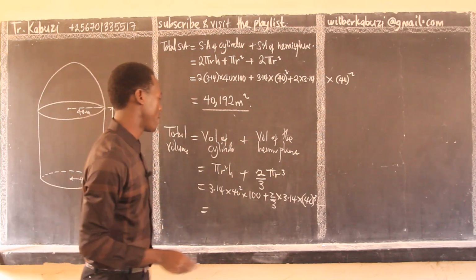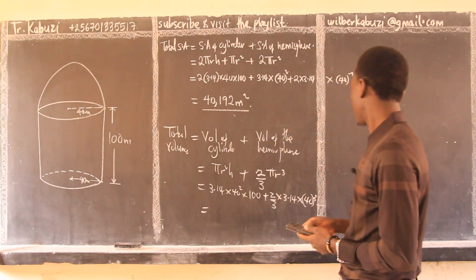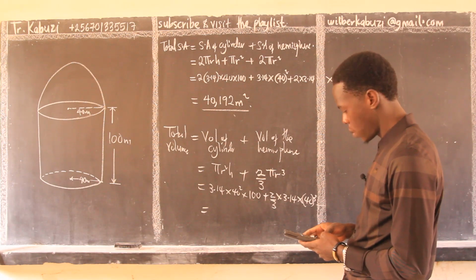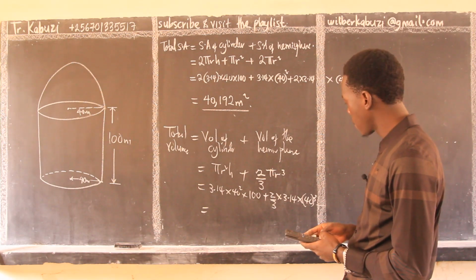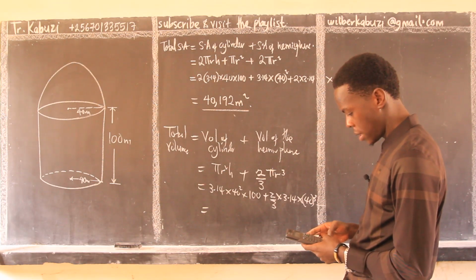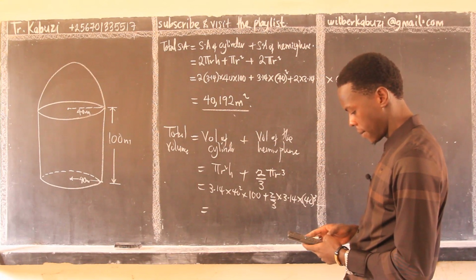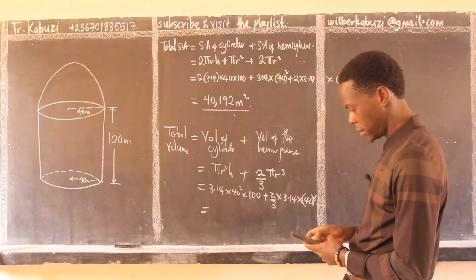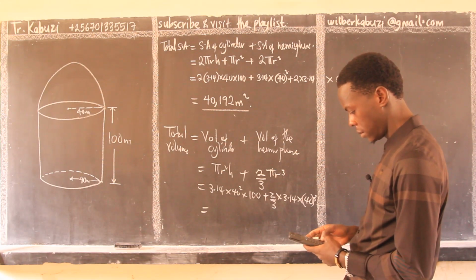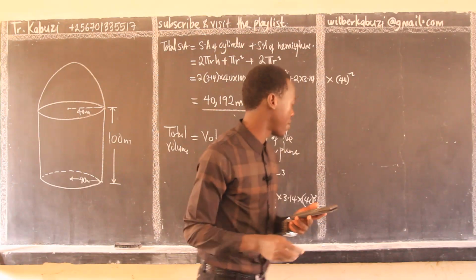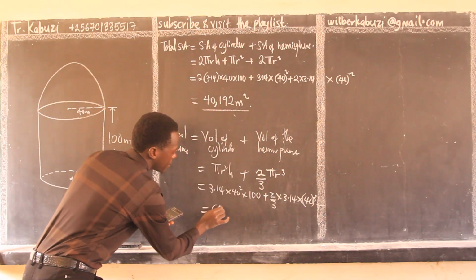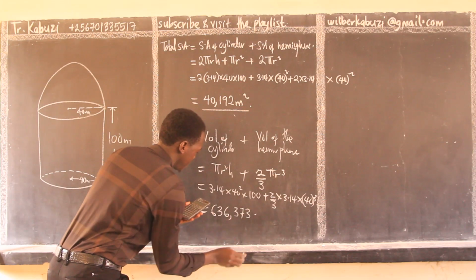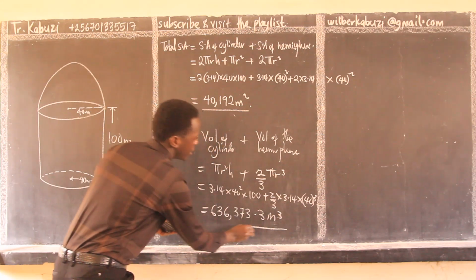So then I get my total volume there, which is 636,373.3 meters cubed. That will be the volume.